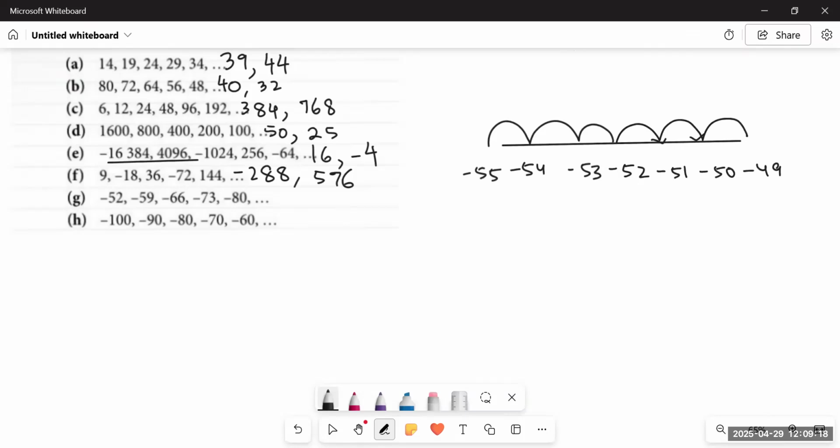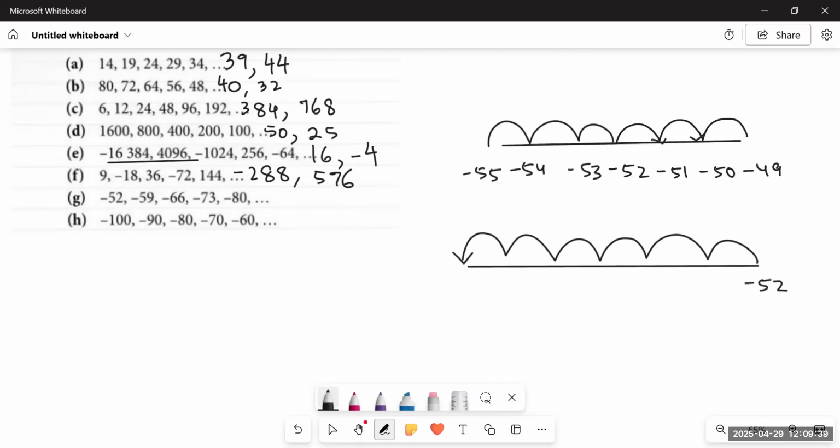Now I will go back to the question and see if the numbers are getting greater or smaller. -59, -66, -73, -80. The numbers are moving to the left-hand side. So it means the numbers are reducing. Whenever we move to the left-hand side, the numbers are getting reduced.